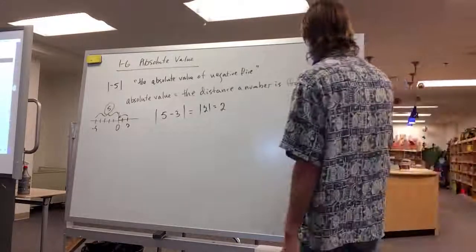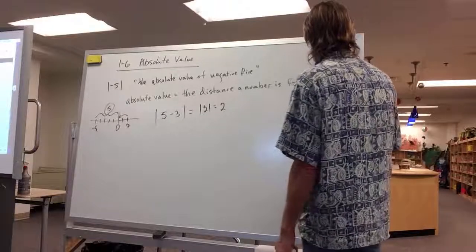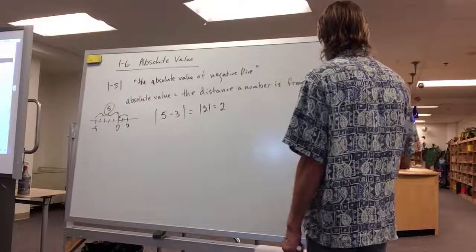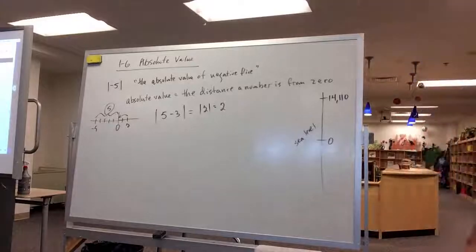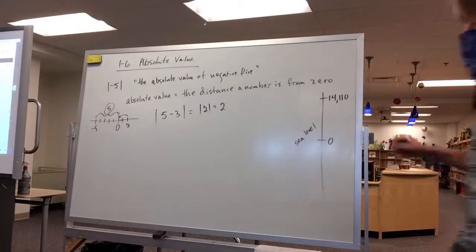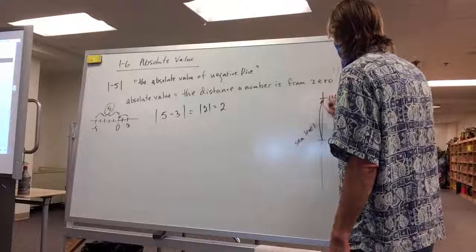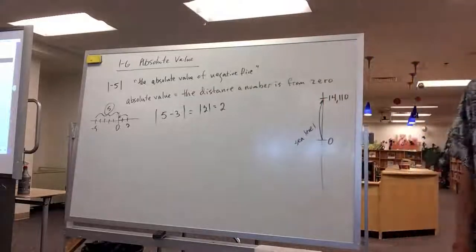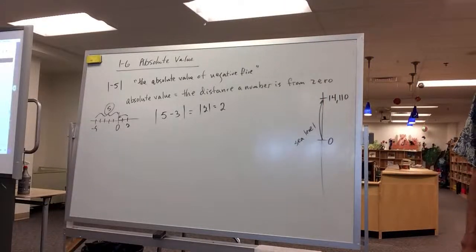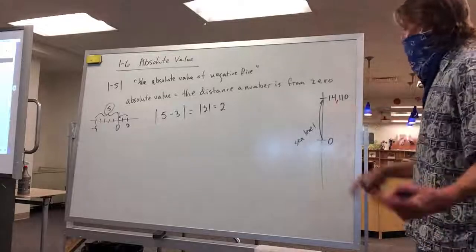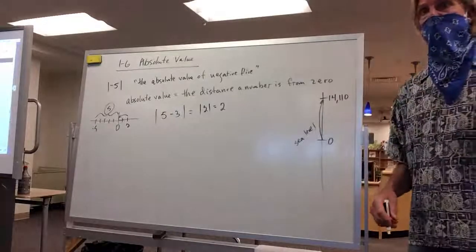But if you were up here, like at that kind of an elevation, then the distance is going to be 14,110. So the absolute value is going to be that number, 14,110.